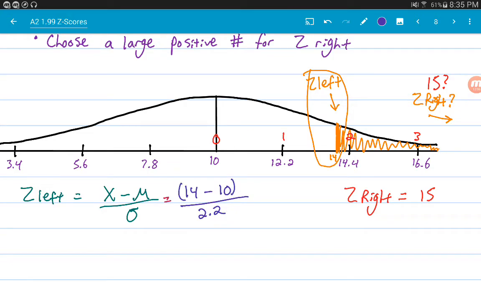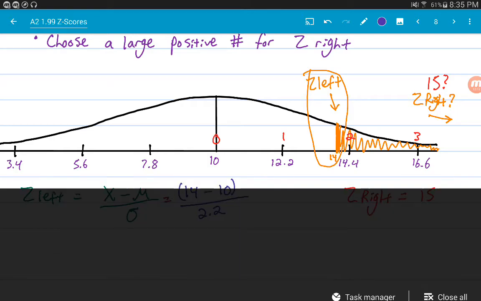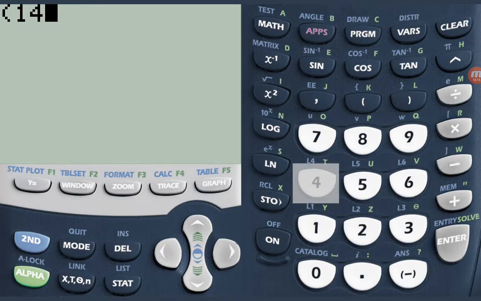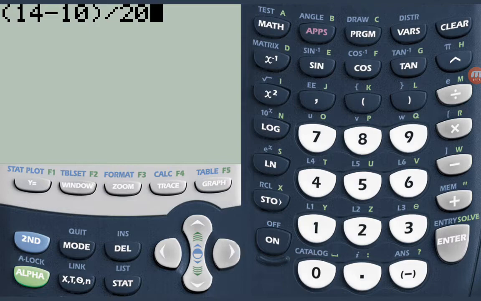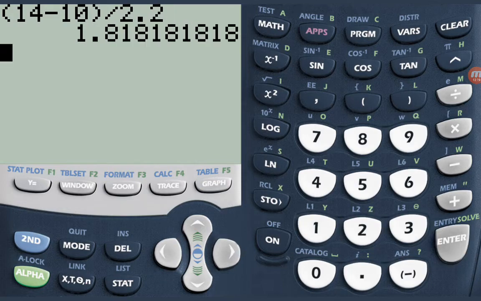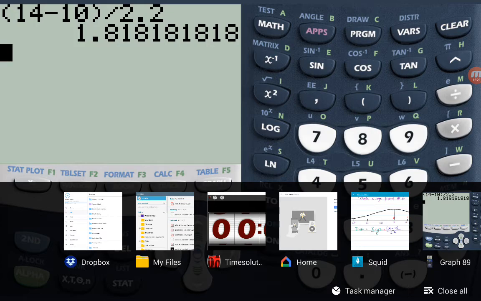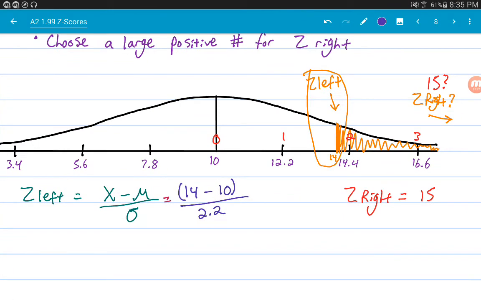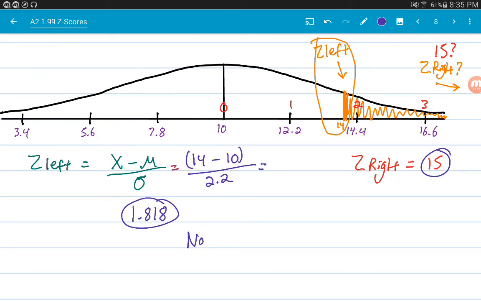Slap some parentheses around this up here. 14 minus 10 divided by 2.2. That's 1.818. Awesome. So that means that my z left is going to be 1.818. So these are my two z values. I'm going to go to the normal CDF and plug these numbers in: 1.818 and 15.